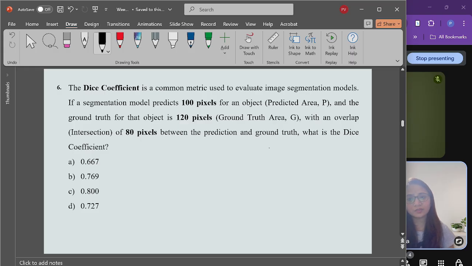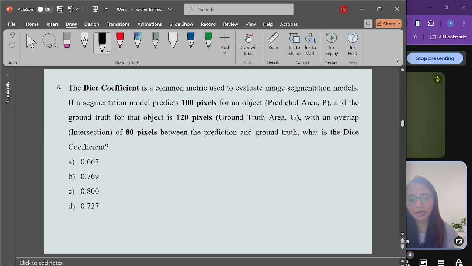Here the predicted data, ground truth data, and intersection, meaning overlap pixels, are given.